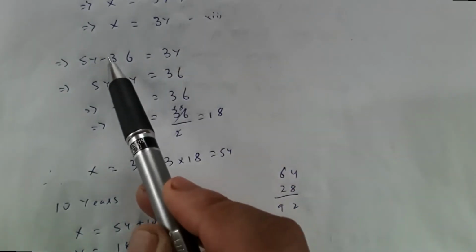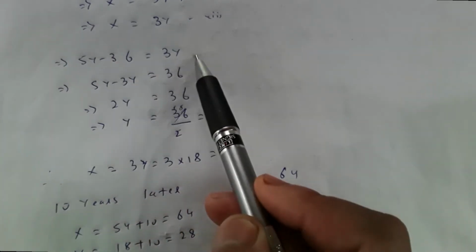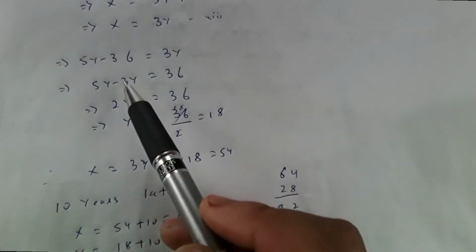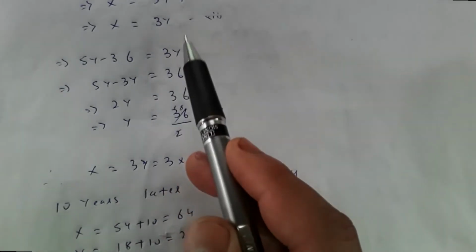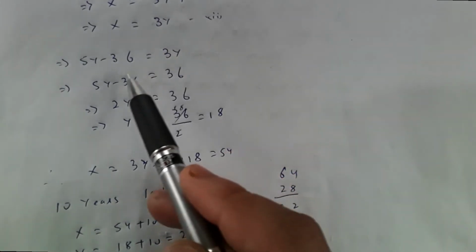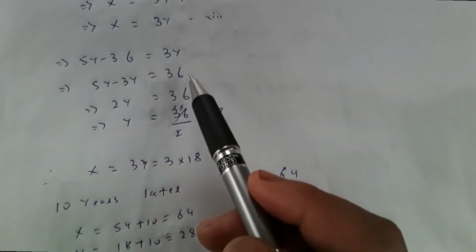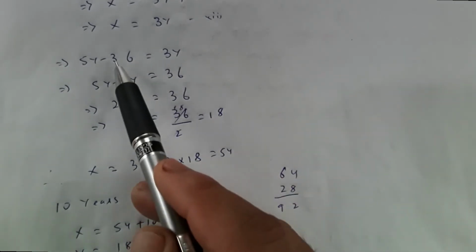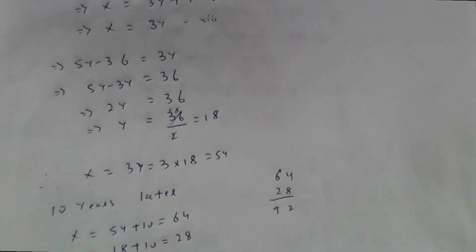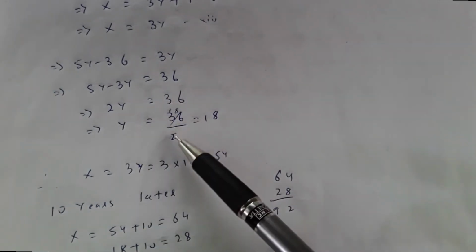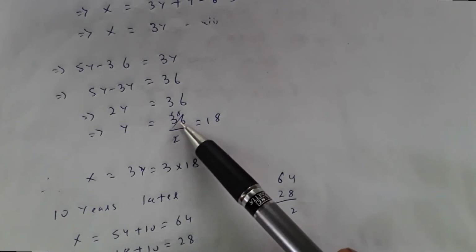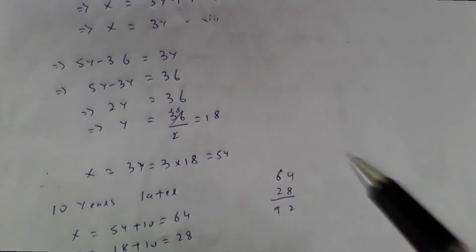If you bring any number from one side to the other, left to right or right to left, the sign of the number changes. A positive number becomes negative, and a negative number becomes positive. So 5y minus 3y equals 2y, equals 36.